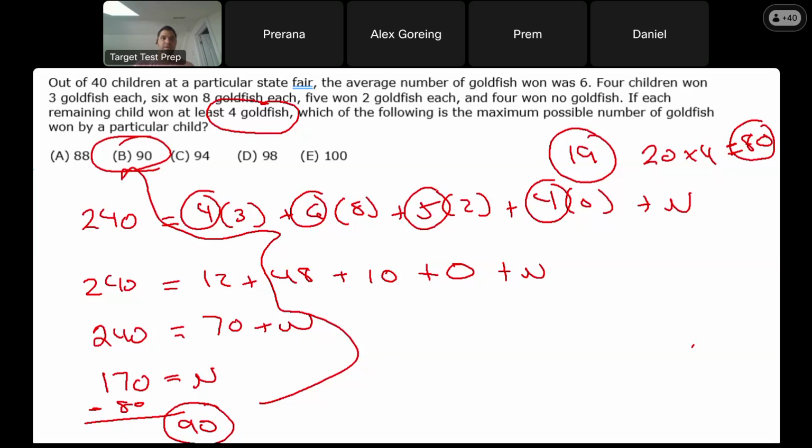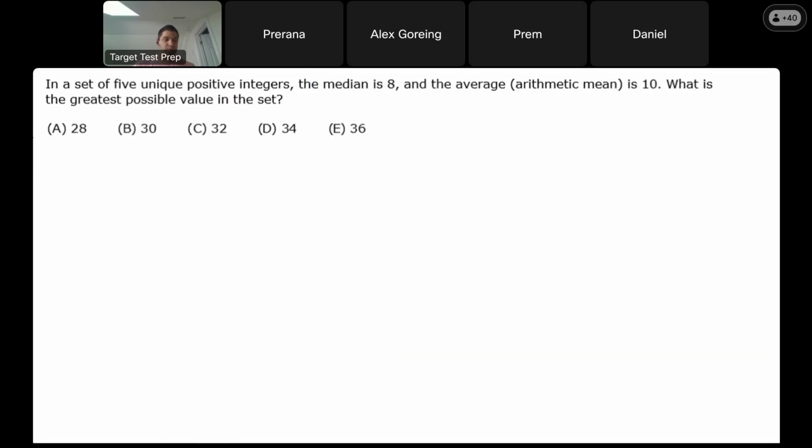All right, so take a look at this one here. Yeah, you have to leave one left. Exactly, there has to be at least one left over to solve this.